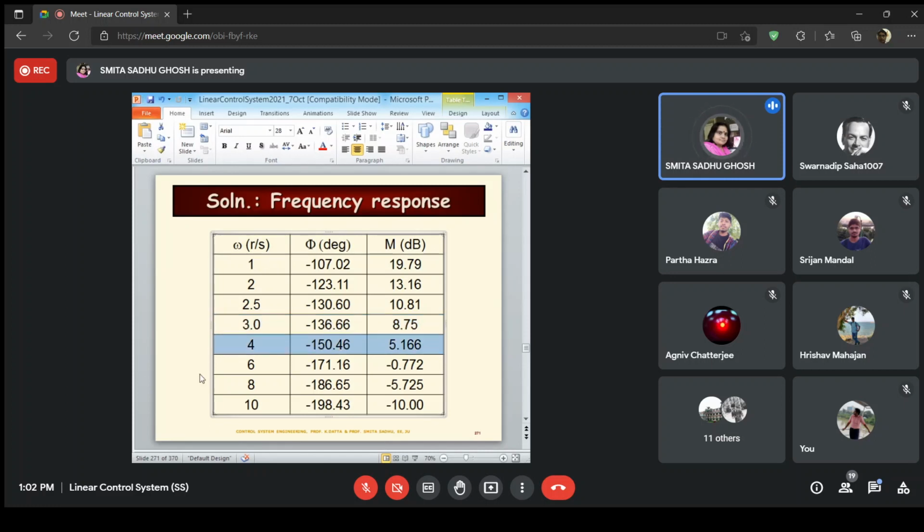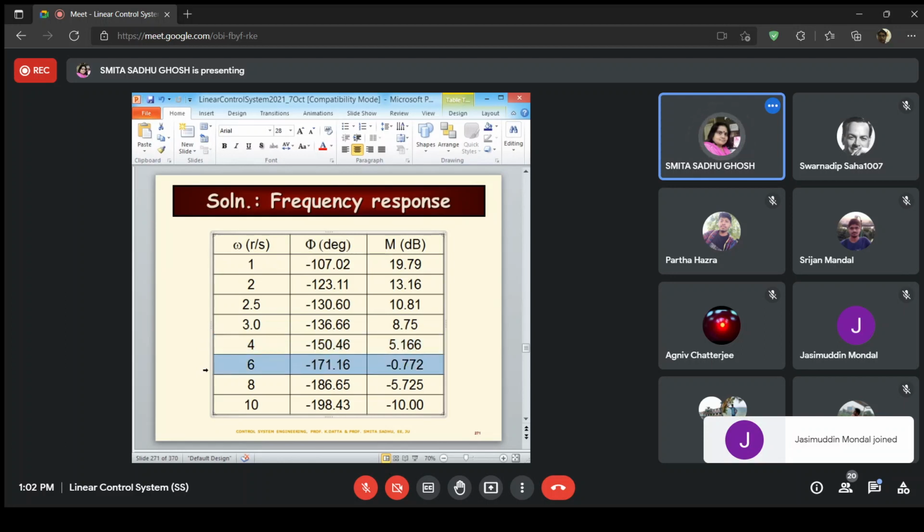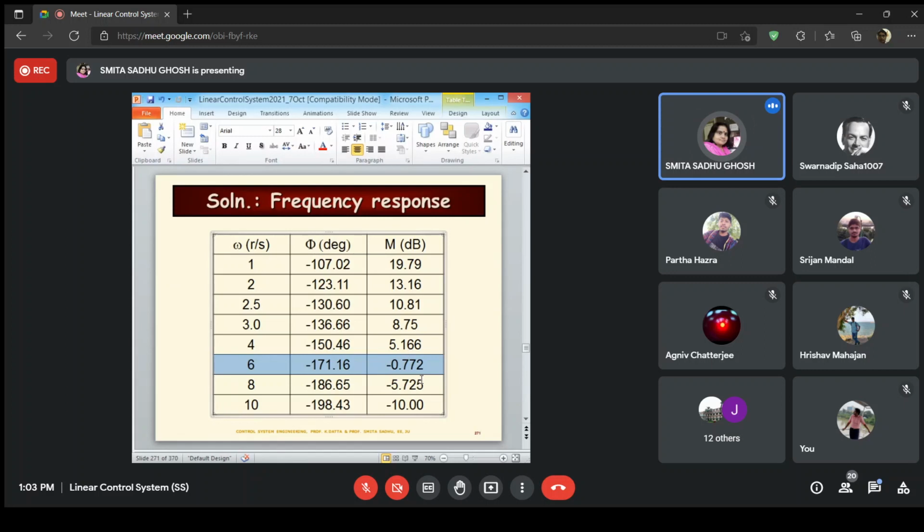Now at 6 radians per second, I find that I have a minus 0.772, which is the gain of the original uncompensated system in decibels.